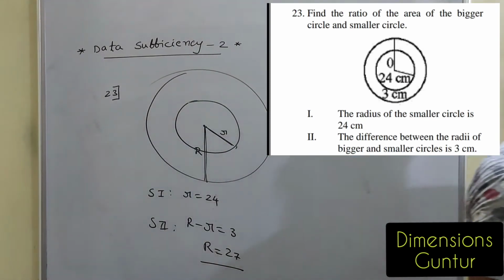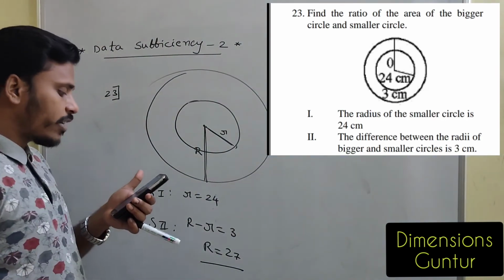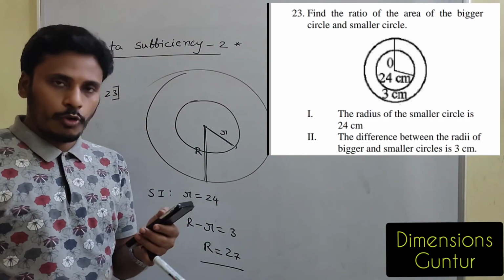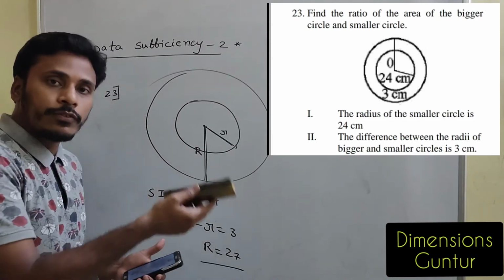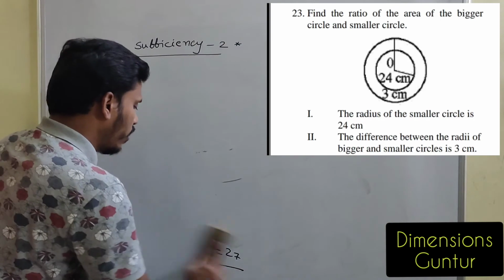From this we have the capital R value as 27 and the small r value as 24. So easily we will calculate the area of the bigger circle as well as the area of the smaller circle, and that's the 23rd problem. Okay, then look at the 24th problem. For the 23rd problem both statements are needed to answer, because one statement gives you small r and the other gives you capital R. Okay, then think about the 24th problem.